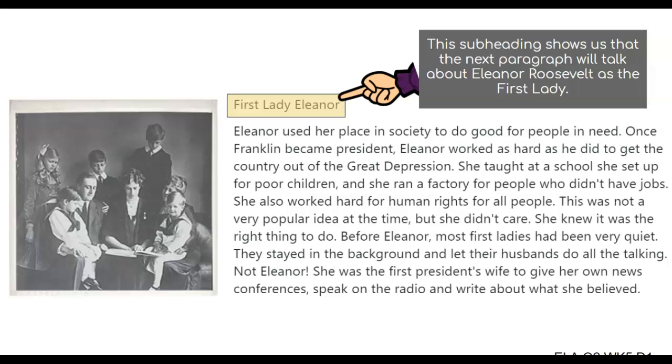Okay, moving forward, the subheadings give us big clues. And so this subheading shows that the next paragraph is going to talk about Eleanor Roosevelt as the First Lady, married to FDR. And so even just looking at this picture, this might not tell you what we're learning about. Not quite sure if you don't know these people or recognize anybody.